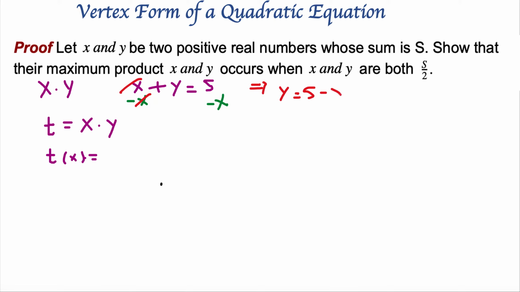And because we found a substitution for y in terms of x, we can change here. Instead of the x, I will write x, and instead of the y, we can substitute s minus x.